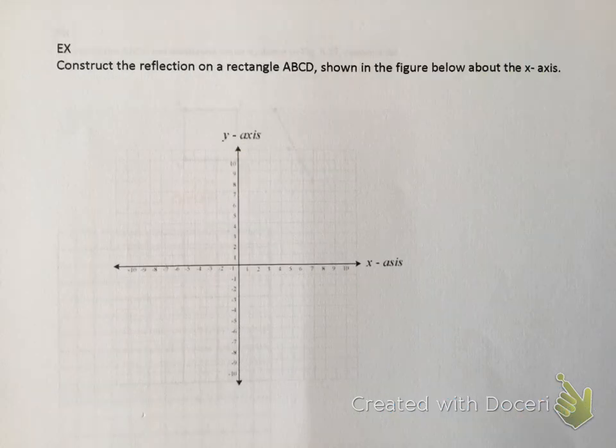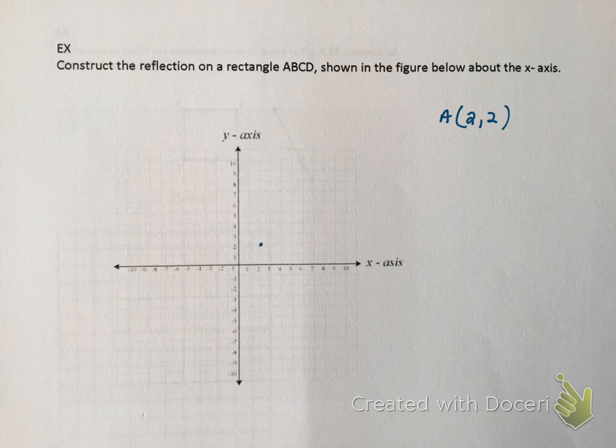Okay, so let's go ahead and see this next one. Construct the reflection of rectangle ABCD shown in the figure below about the x-axis. You don't have a figure because I didn't put them in, so I'm going to quickly draw a rectangle. The first coordinate point is 2, 2.